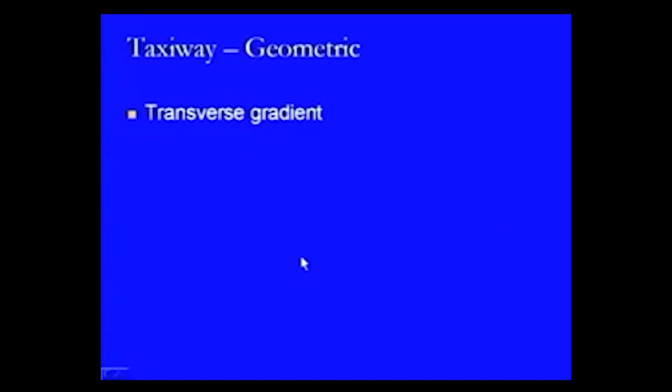Now we look at transverse gradient. This is another type of the gradient which needs to be considered when any of the geometrics have to be taken up. The conditions remain the same as we have talked about for the runways.